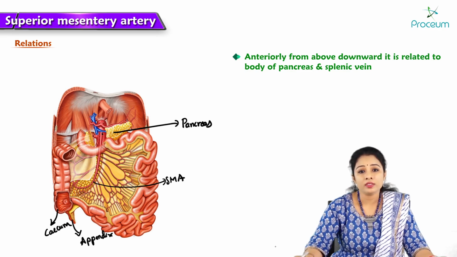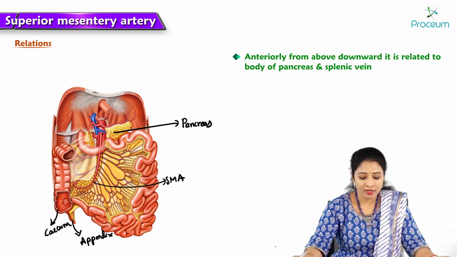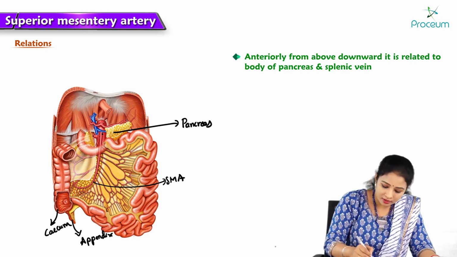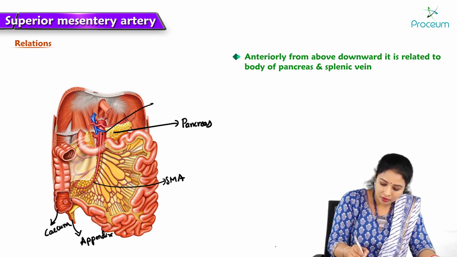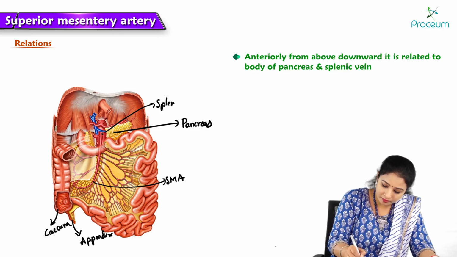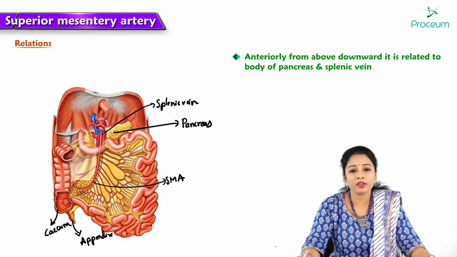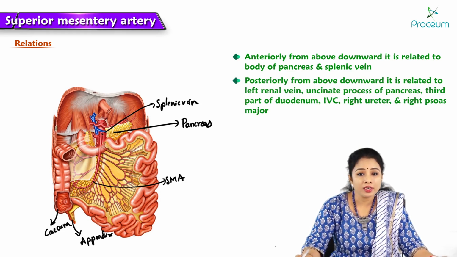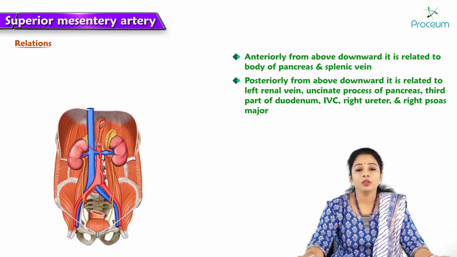So it is related to the body of the pancreas, and it is also related to the splenic vein anteriorly. The vein going posterior to the pancreas is the splenic vein, which lies posterior to the pancreas towards the spleen.